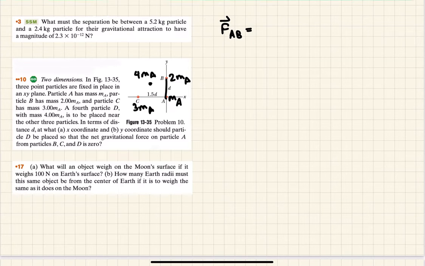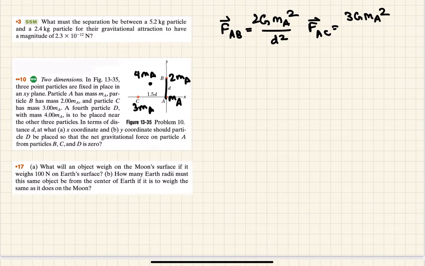The force between A and B is going to be equal to G times mA times mB. mB is 2 mA, and so that just becomes 2 G mA squared over the distance between them, which is d, so d squared. Okay, what about FAC?